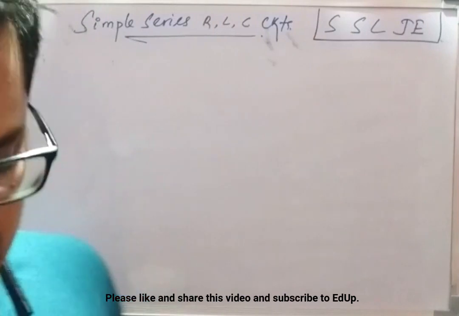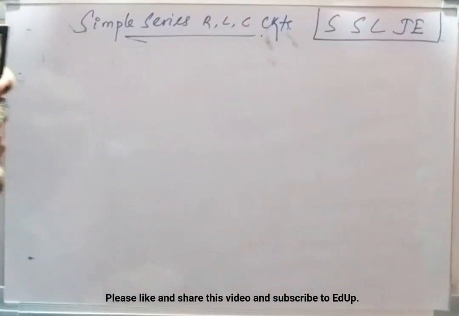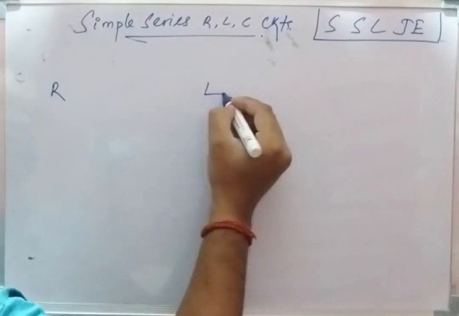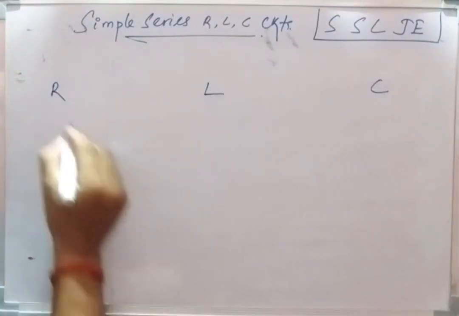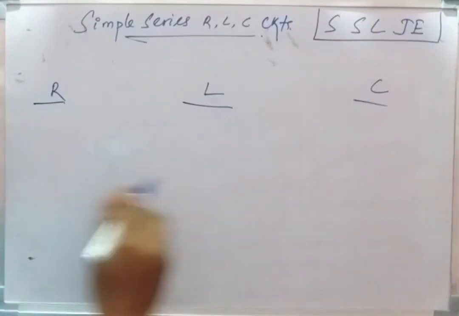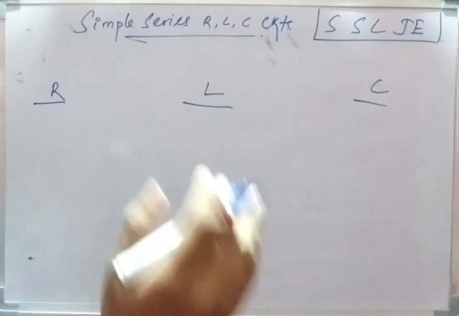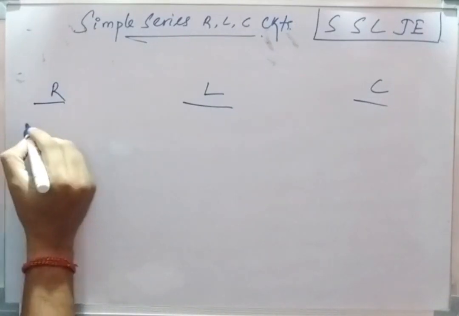Now let us start today's topic, simple series RLC circuits. Before that, let me give you some brief idea on R, L and C: resistance, inductance and capacitance. You can define resistance referring to Ohm's law. What does Ohm's law say?